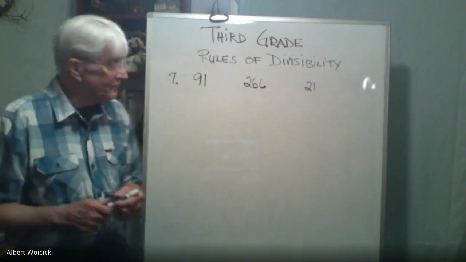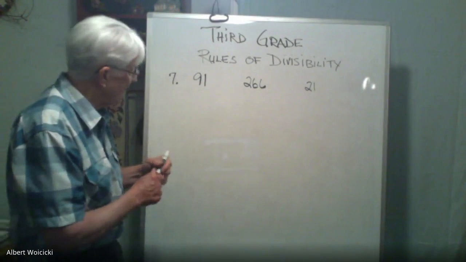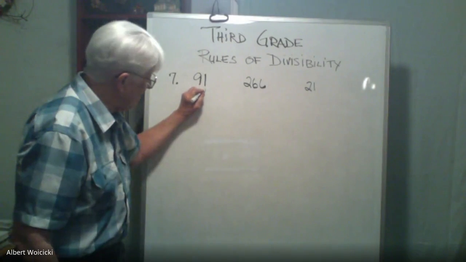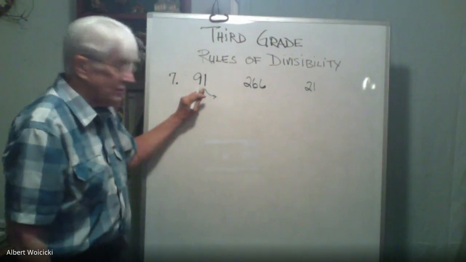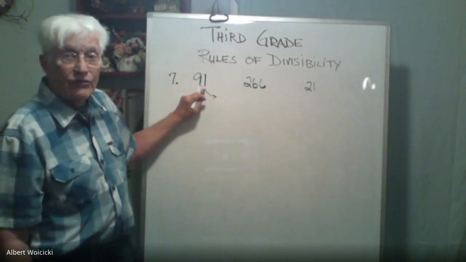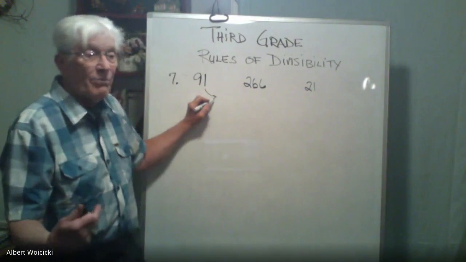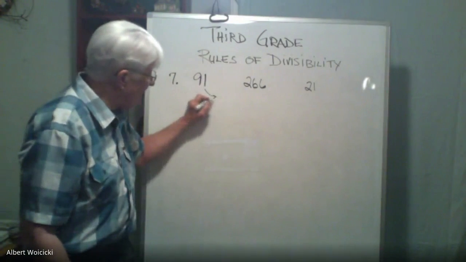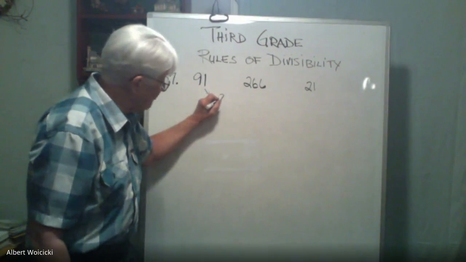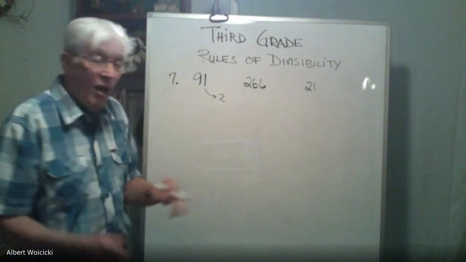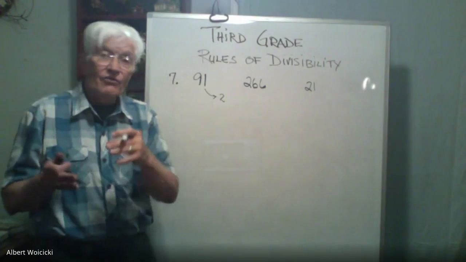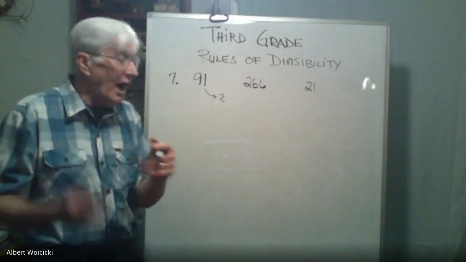Here's what I do. I look at my last digit. Here's the 1. So I take the 1, just the 1, outside, and I multiply it by 2, or I double it. I double the last digit. So this becomes a 2. Now I have to subtract that from the remainder of my number.